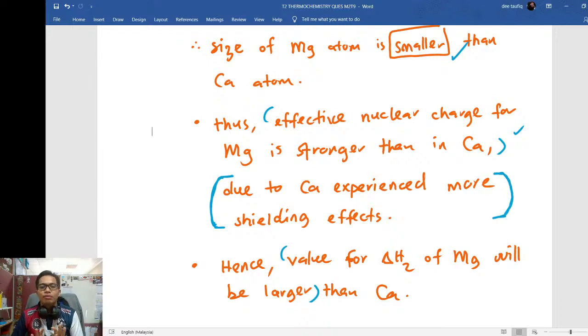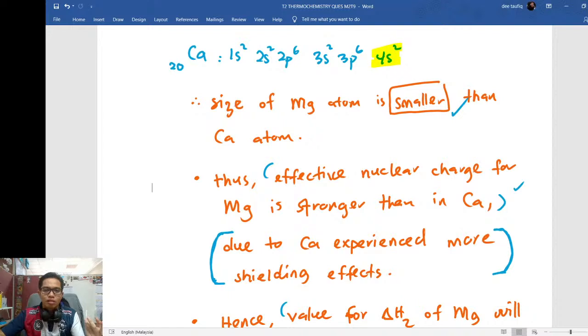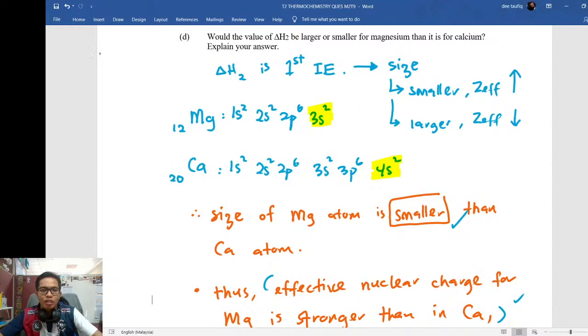This is enough to say the size is smaller. Why is the size smaller? Earlier we looked at the shells, but this is not compulsory to write either. As long as you know how to determine, that's fine.